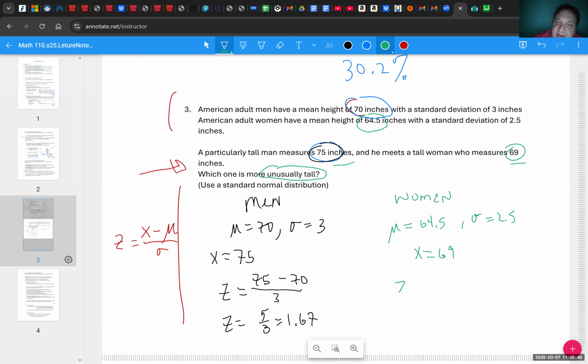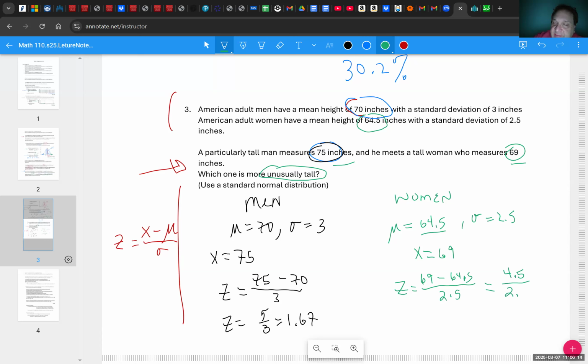So we calculate our Z value: 69 minus the mean, which is 64.5, divided by the standard deviation, which is 2.5. So 69 minus 64.5, looks like I got 4.5 left over.